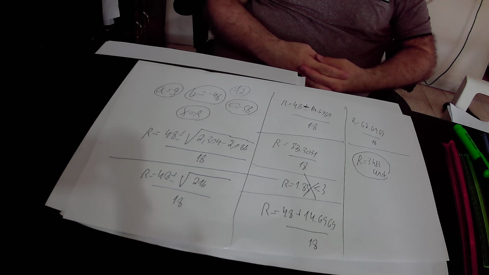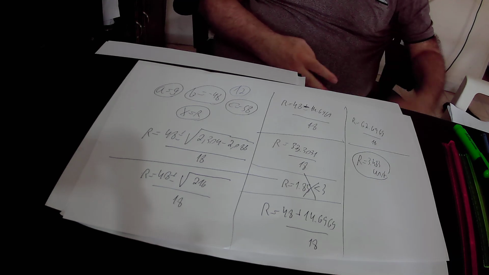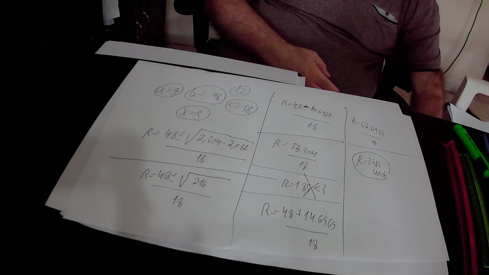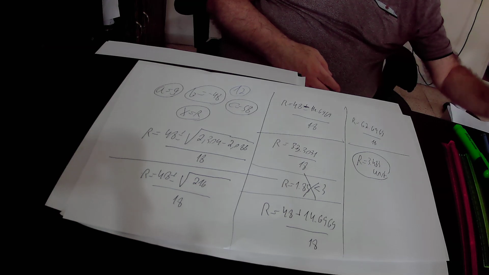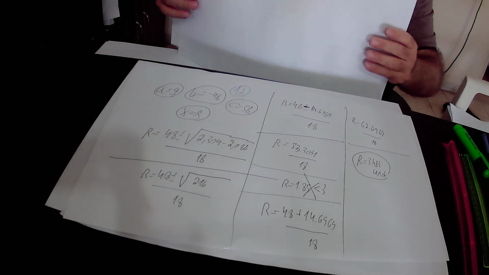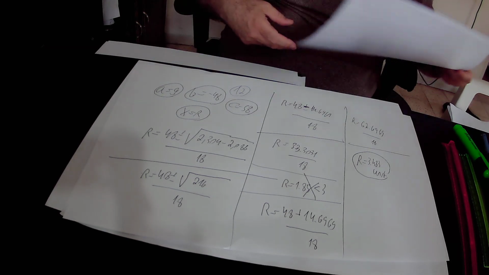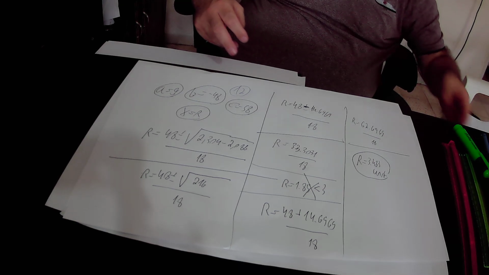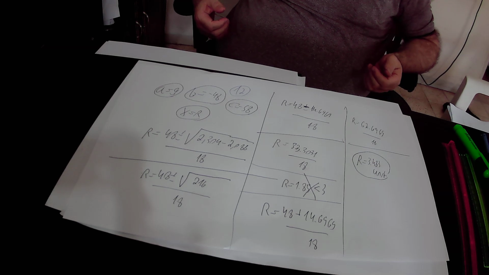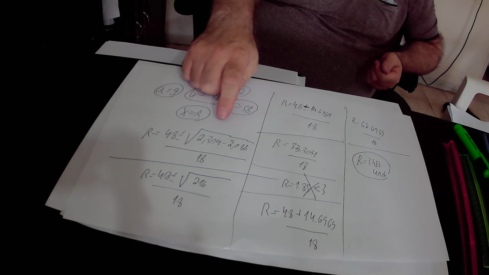So here R equals minus b, b equals minus 48, therefore minus b is 48. It is equal to the square root of b squared. b is minus 48, therefore b squared is 2304.